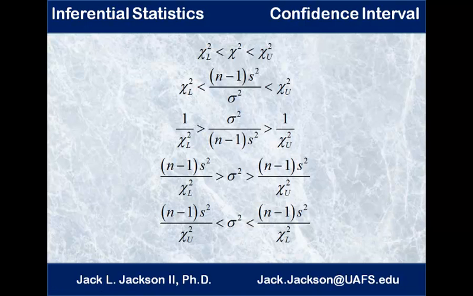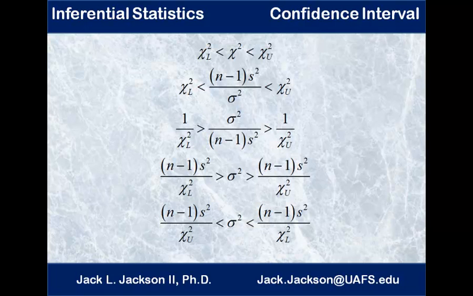Now remember, chi-square is n minus 1 times s squared over sigma squared. Now, what I want to do is solve this to ultimately get sigma squared in the middle. Because what we want to find is a confidence interval for sigma squared, not really for chi-square. Okay, so the way we're going to do that is a little algebra.